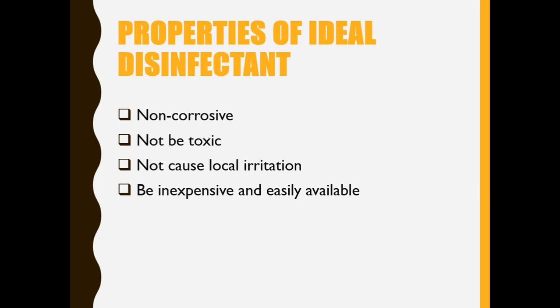This is also one of the most important properties, particularly for developing countries. It should be less expensive and, most importantly, easily available so that it can be used regularly. Then they should be safe and easy to use. This is not last, but a most important character: they should be safe and easy to use in the process of disinfection.